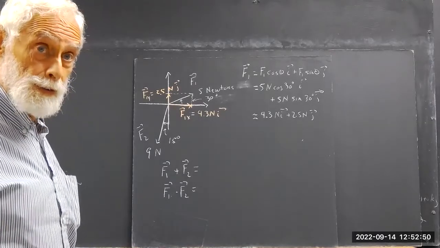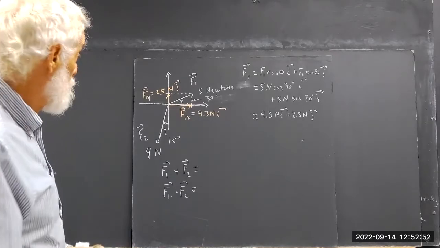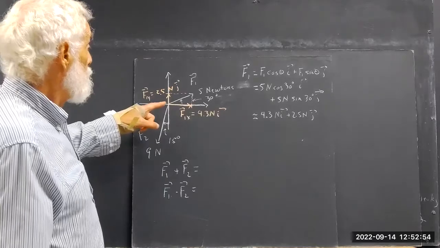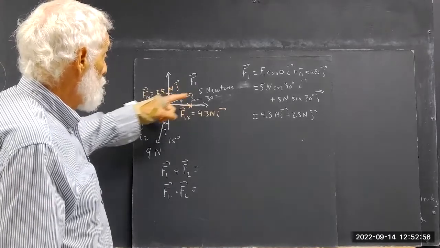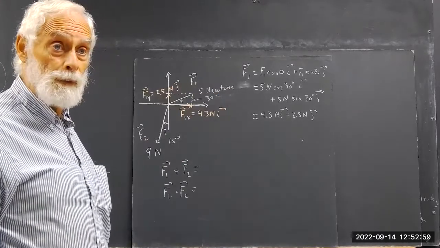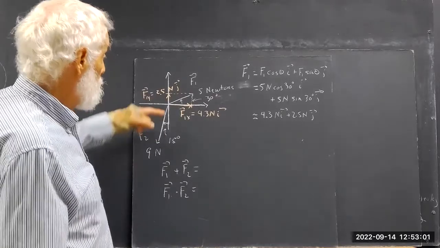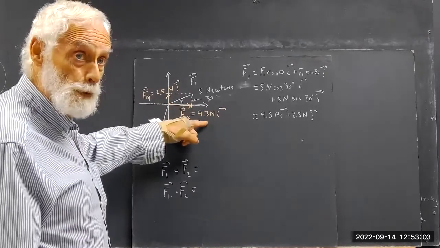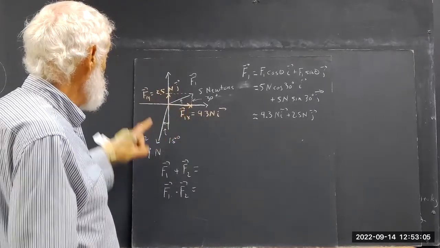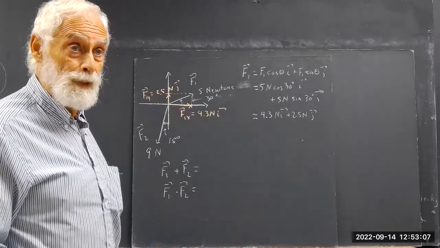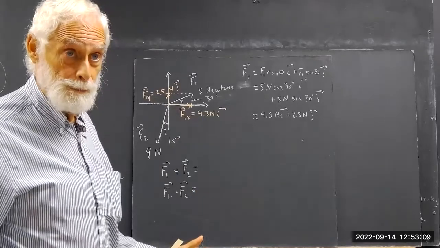And again, as I said last time, and we'll see in lab, if you close your eyes, you can't tell if somebody's pulling on you with a 5 newton force at 30 degrees, or you've got 2 people teamed up, one pulling in the x direction with 4.3 newtons, the other pulling in the y direction with 2.5 newtons. Has identical effect.